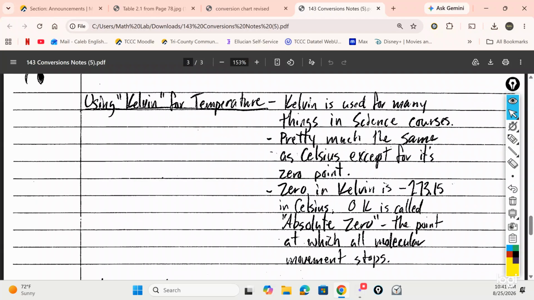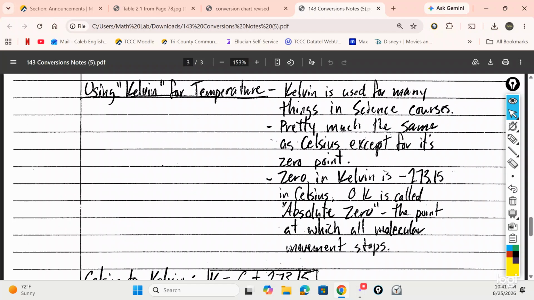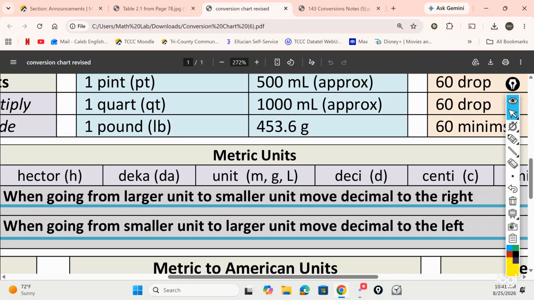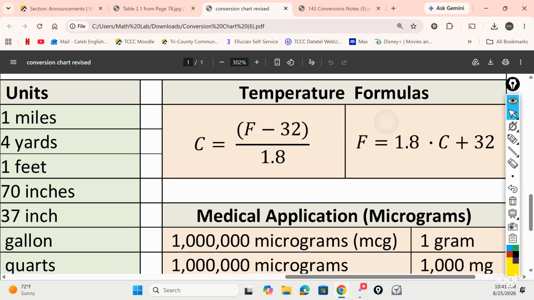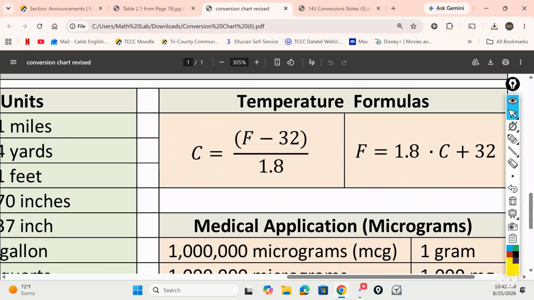You do have some temperature things involving Kelvin, all right? So before we get too far into that, let me show you where the temperature formulas for Fahrenheit and Celsius are. Okay? So here are your temperature formulas. The one on the left that says C equals, this means that Celsius is missing.